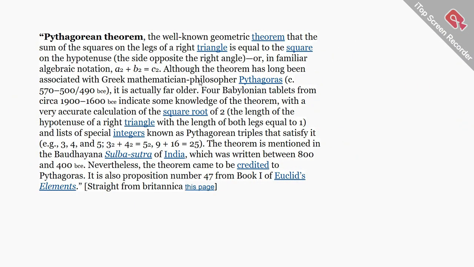Anyway, the Pythagorean Theorem, the well-known geometric theorem that the sum of the squares on the legs of a right triangle is equal to the square on the hypotenuse, the side opposite the right angle. Or in familiar algebraic notation, a squared plus b squared equals c squared.